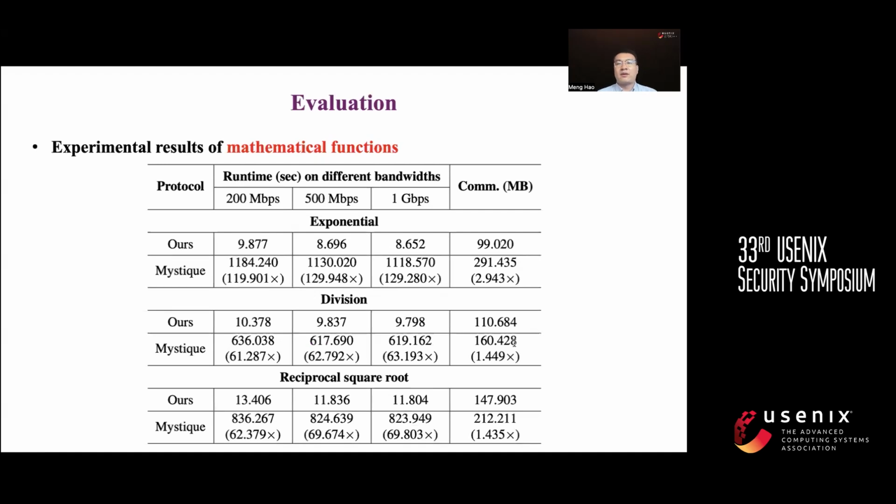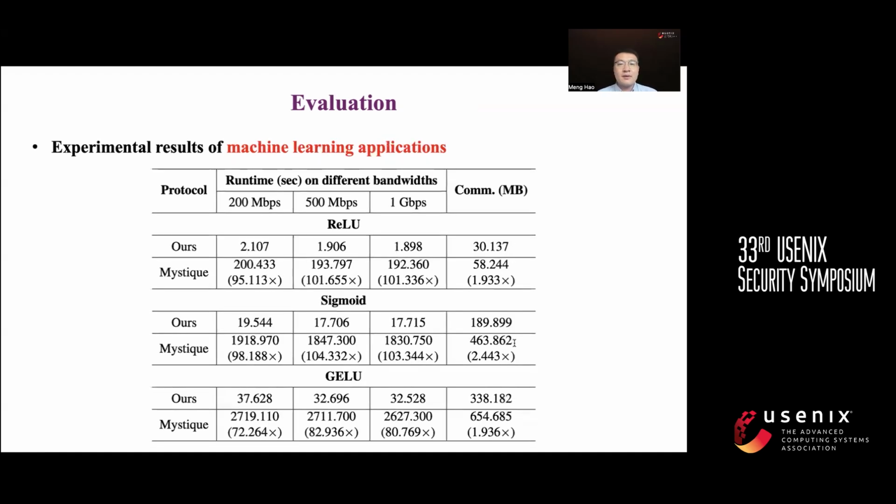Compared with the recent work, our protocols for mathematical functions achieve 61 up to 129 times runtime improvement, while providing a better communication efficiency. When applied in machine learning, our protocol also achieves significant runtime improvement. For example, for the sigmoid function, the computation performance of our protocol is 100 times better than prior work.